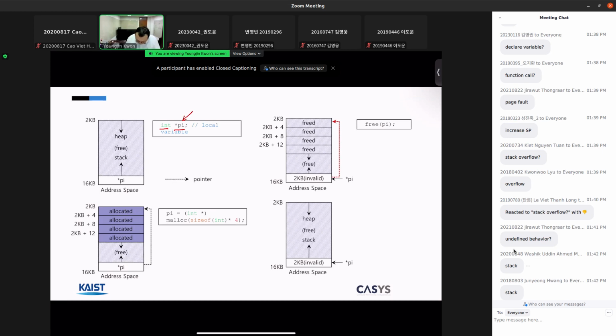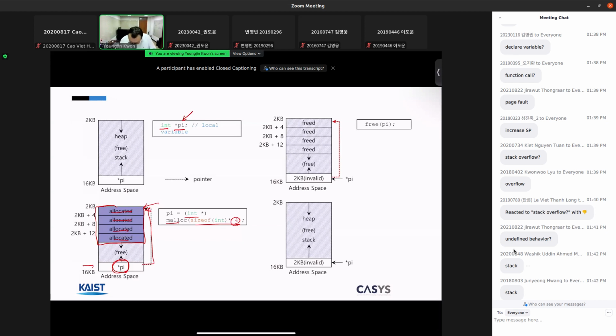In the stack, you assign the malloc of this size. Then this pi in the local address space in the stack points to 4 units of integer, allocated by the memory allocator, with pi pointing to the first address, 2k in this case.